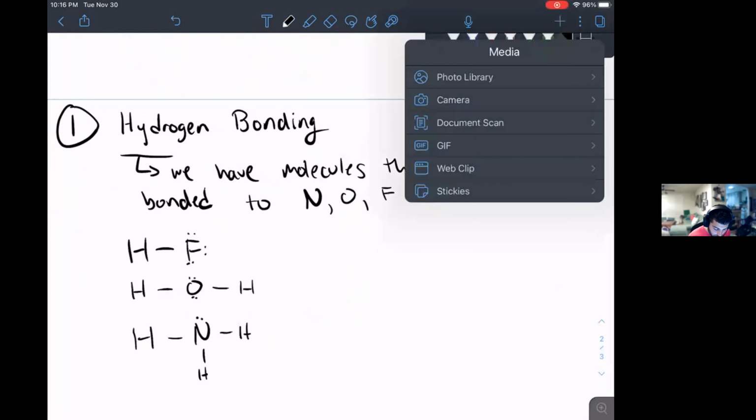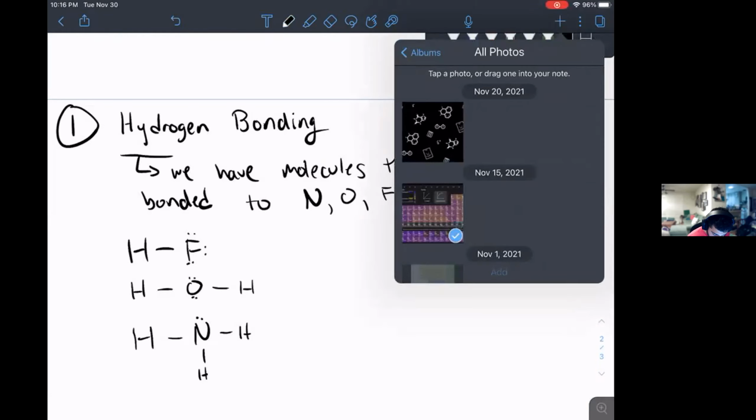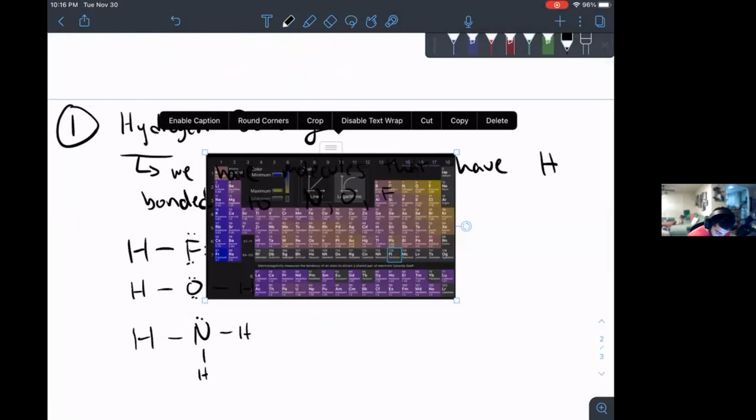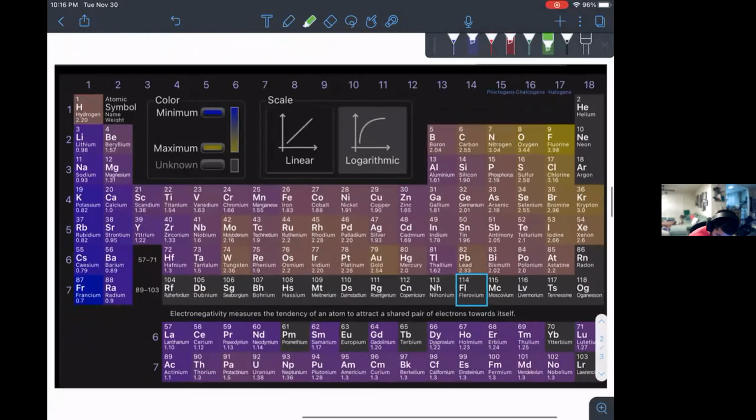Now, if we take a quick look at the periodic table, we can kind of see why. Nitrogen, oxygen, and fluorine are three of the most electronegative elements there are.